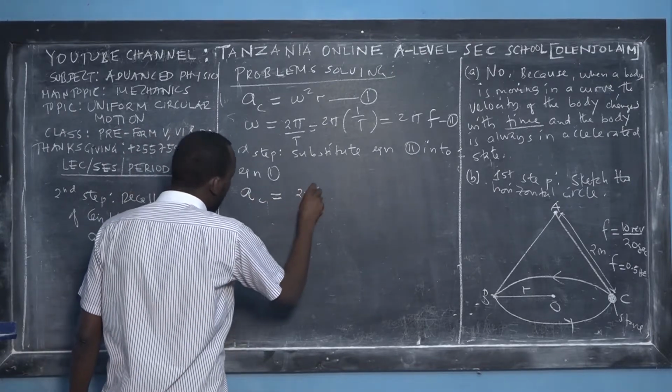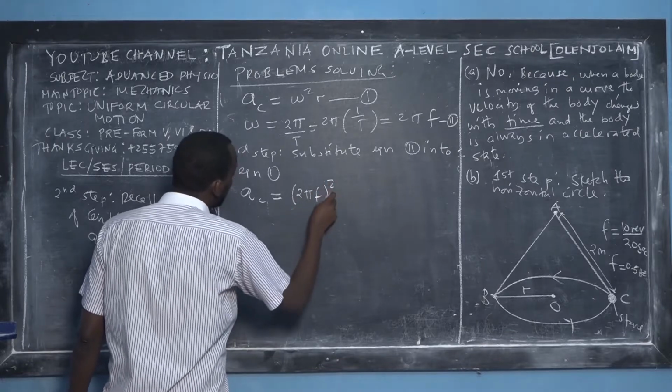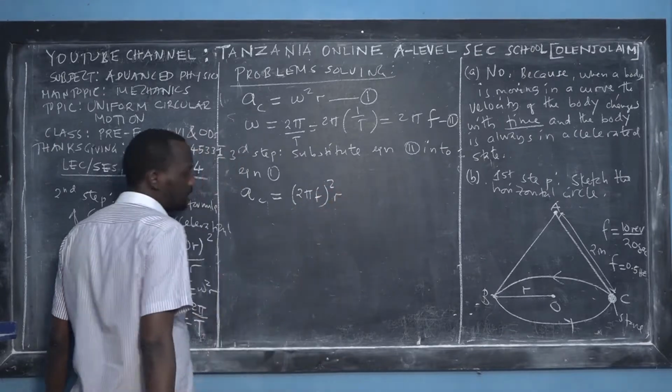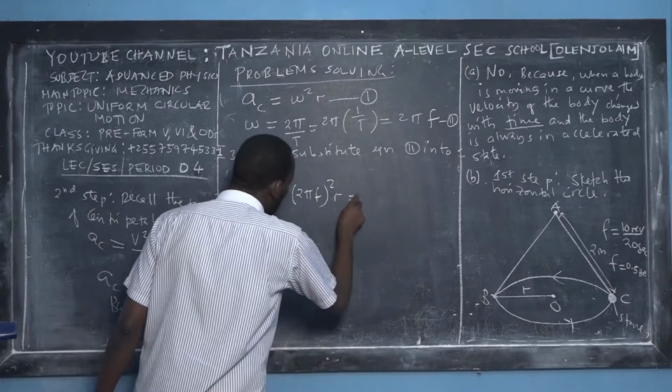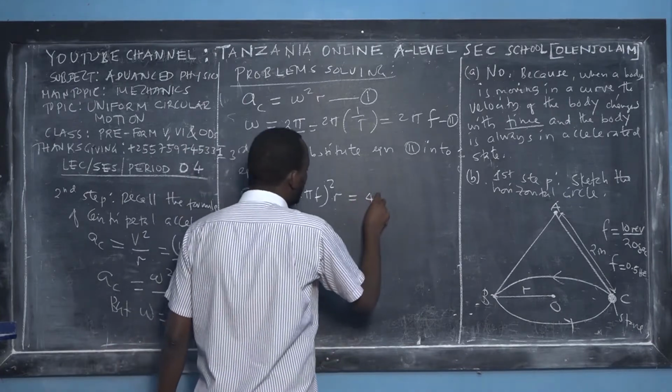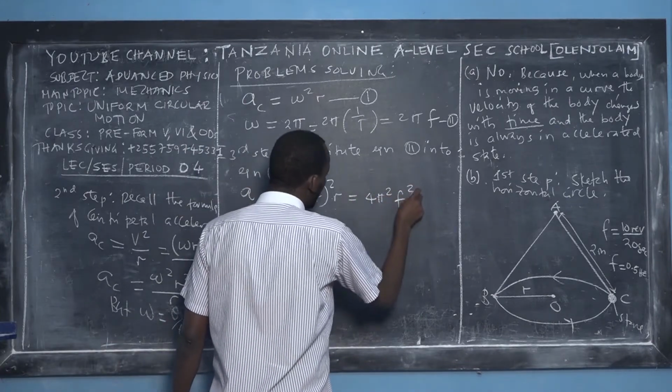So centripetal acceleration is equal to 2 pi times frequency, squared, times the radius r. Then this is equal to 4 pi square times frequency square times r.